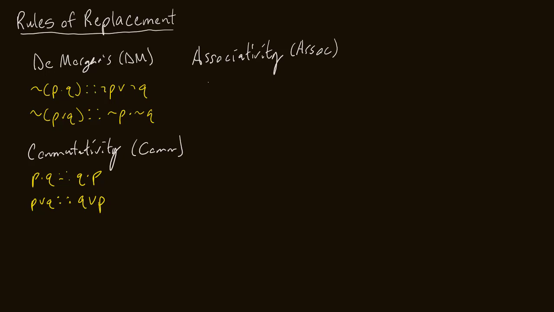If we have P or Q or R with the parentheses on the first two, this is logically equivalent to P or Q or R with the parentheses on the last two. Likewise, P and Q and R is logically equivalent to P and Q and R with the parentheses shifted. So basically we can shift the parentheses around. The order doesn't matter. We can choose what we want to do first.